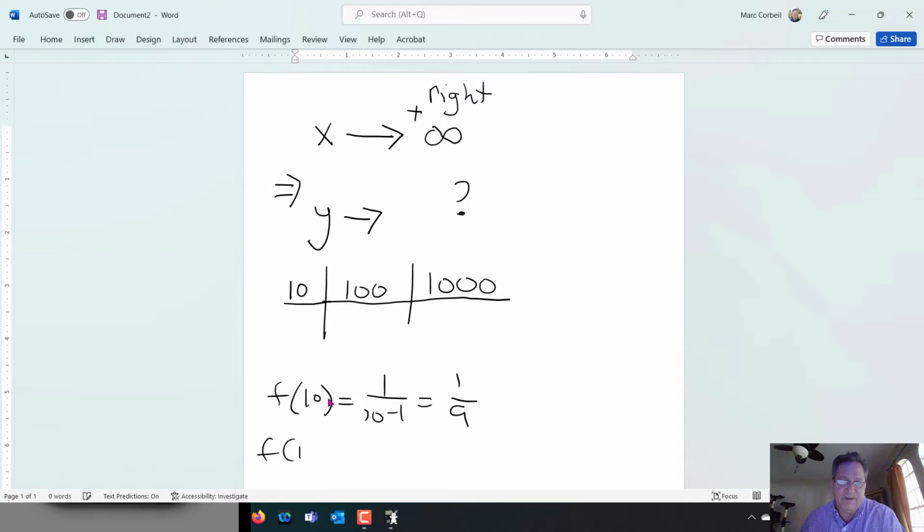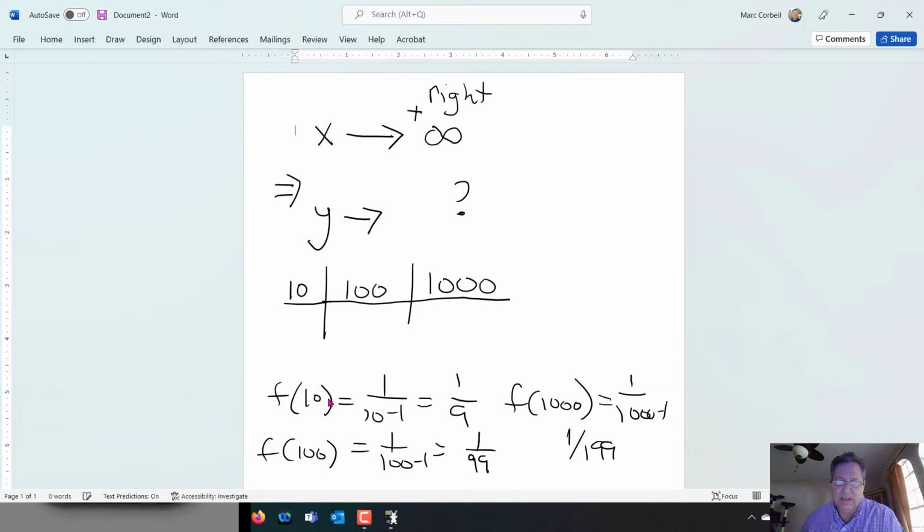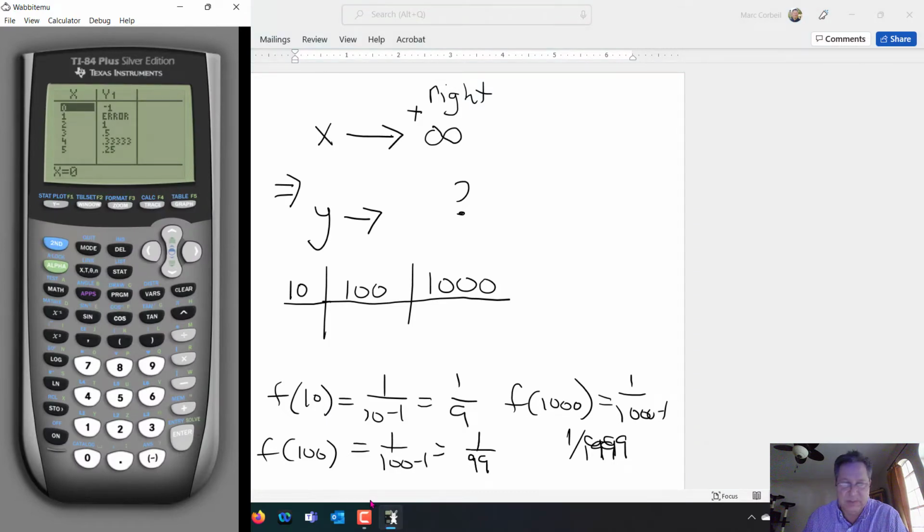If I do f of 100, I'm going to get 1 over 100 minus 1, which is 1 over 99. And then I can do f of 1000, and that'll be 1 over 1000 minus 1, 1 over 999. We can make our lives simple and do that on the calculator and simply get 10, 100, and 1000.